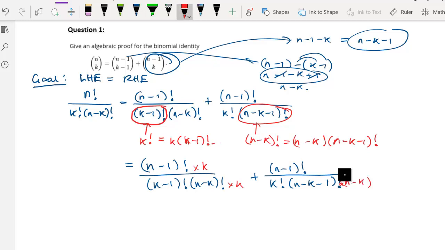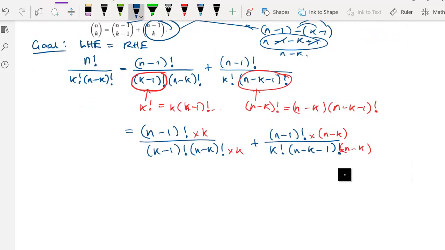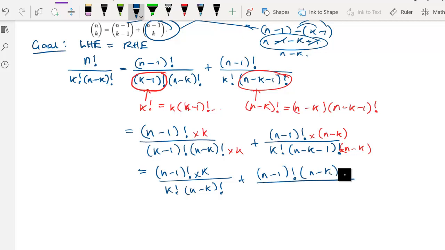And if we do that, this becomes n take k factorial. And so because we did this on the denominator, we also do it on the numerator. And what that does is it allows us to simplify it into n take 1 factorial times k over k factorial n take k factorial. And on this side, we'll have n take 1 factorial multiplied by n take k, and all over k factorial n take k factorial.